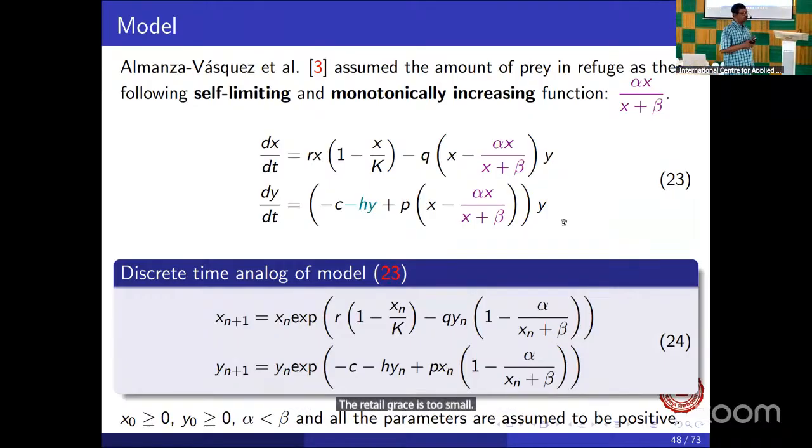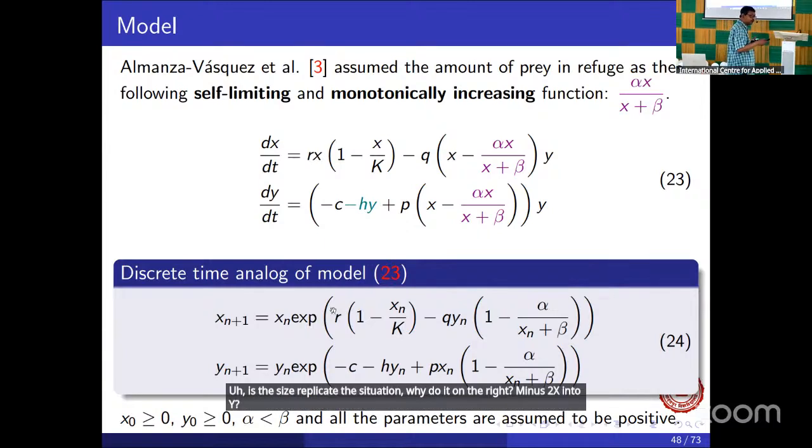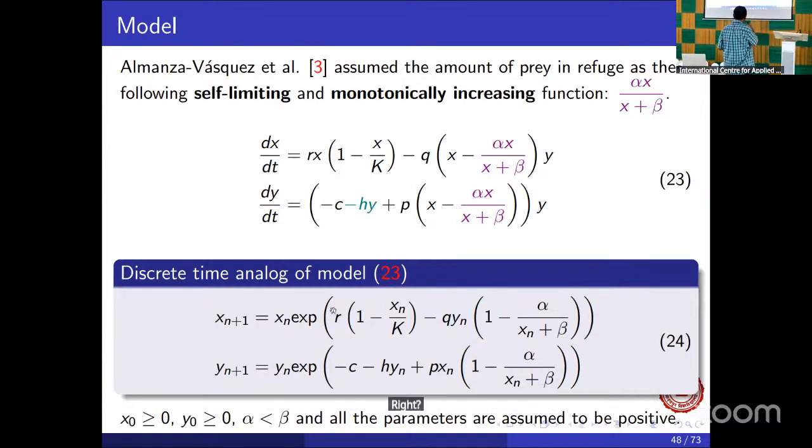If prey interact with each other, some go to the refuge and some stay in the open space. In the predator-prey system, what we can write is minus qxy. But the population in the refuge cannot be killed by the predator Y. That's why we consider x minus alpha x by x plus beta.